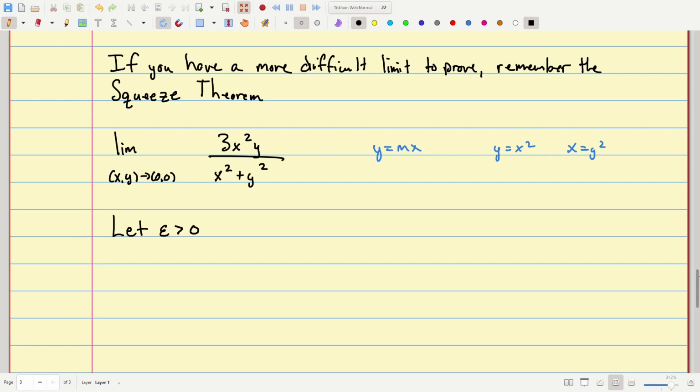We also need to appeal to the definition of limits. We're going to let epsilon be greater than zero.